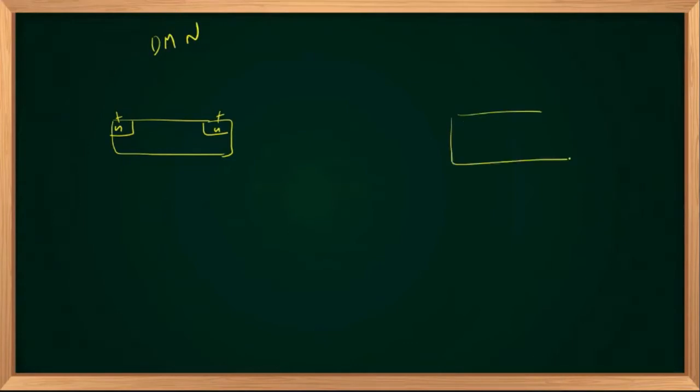That can be easily remembered. Let us assume a depletion mode N-channel device. The other device, let us say, is a depletion mode P-channel device, right?